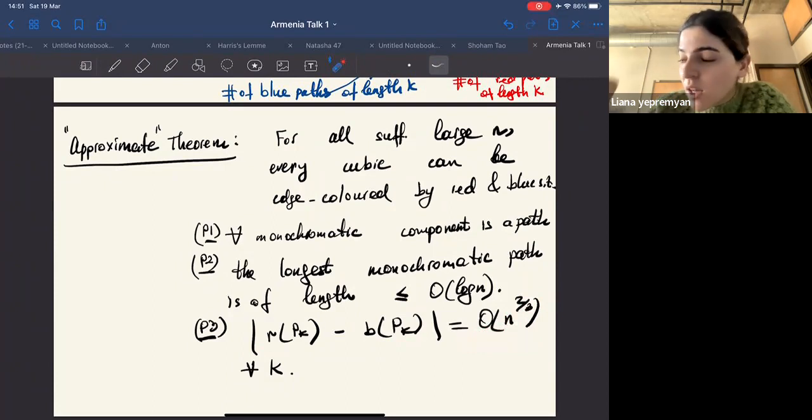So I'm going to recolor my graph such that the deviation between the number of red paths and the number of blue paths goes from possibly n to the 2/3 to 0. But this is the first step for our proof. Any questions?